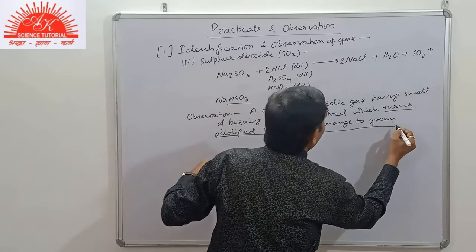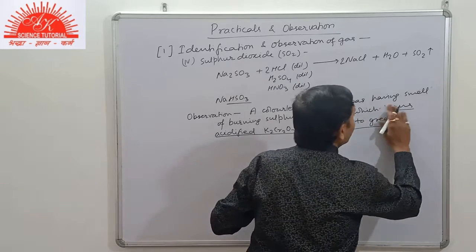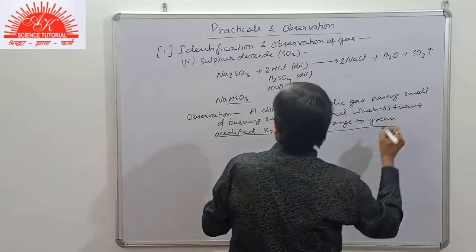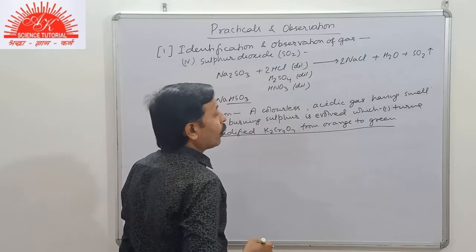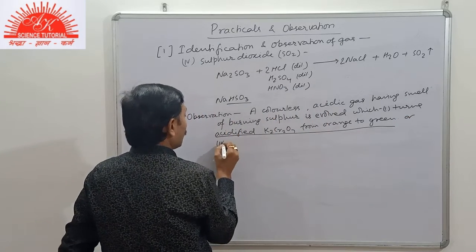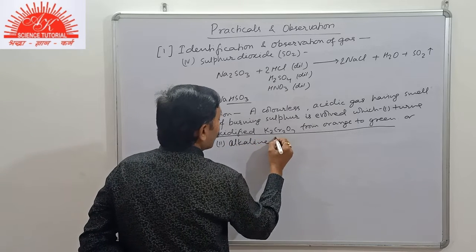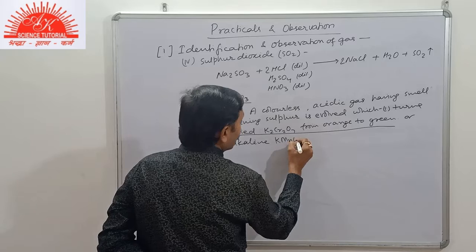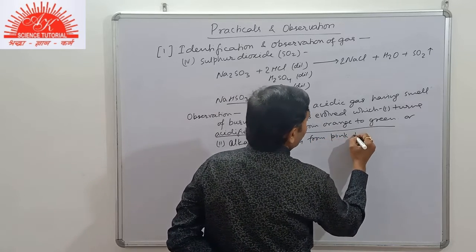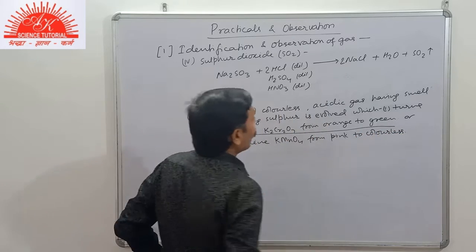Turns acidified potassium dichromate, we write here point 1, from orange to green, or alkaline potassium permanganate from pink to colorless.